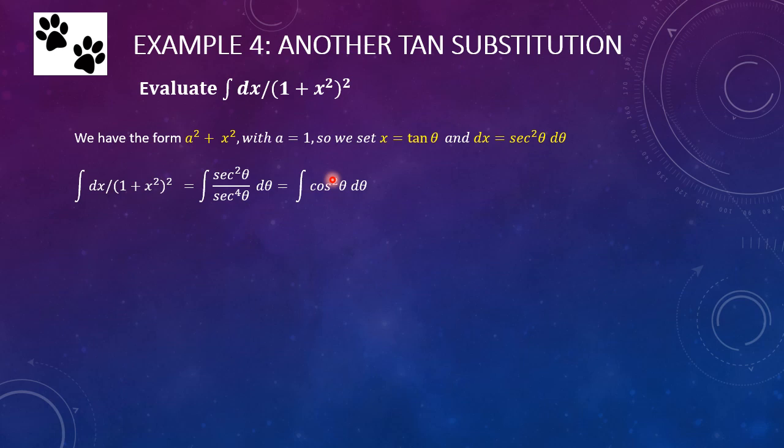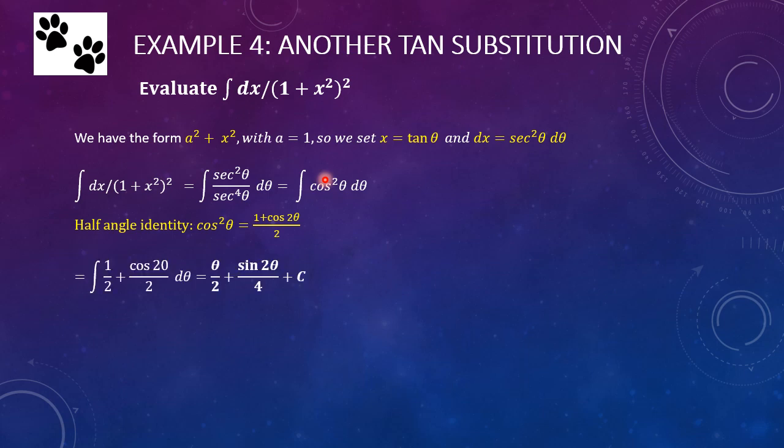You might remember, again, we have this power of sine or cosine here. We had a way of reducing those, especially when it was an even power, and that is that we use the half angle identity that cosine squared equals 1 plus cosine of 2 theta over 2. So we're going to convert this into a cosine integral without any powers on it.